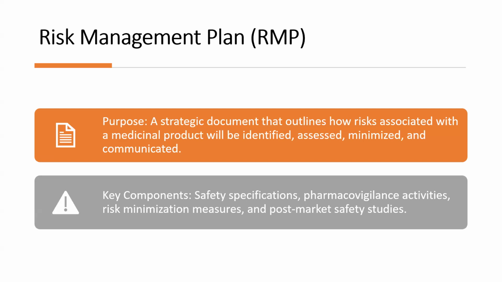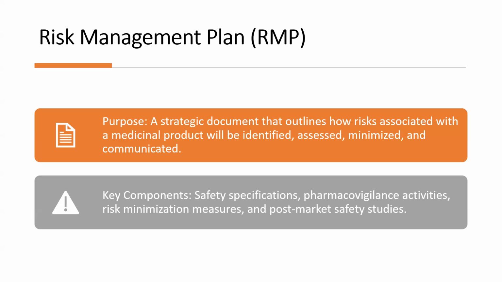First, it identifies the potential risk associated with that drug. Once identified, it is assessed for severity and seriousness: whether it is a life-threatening risk, or whether it is just a risk.